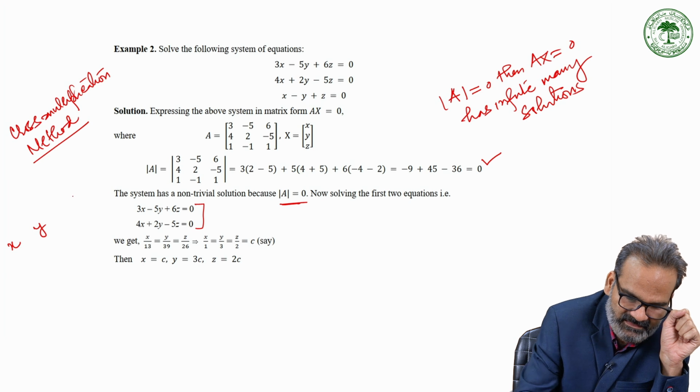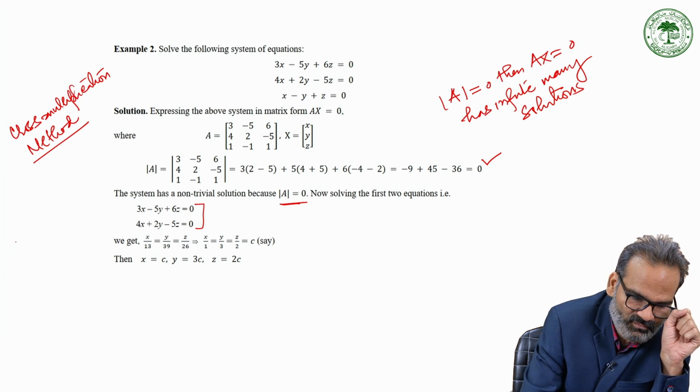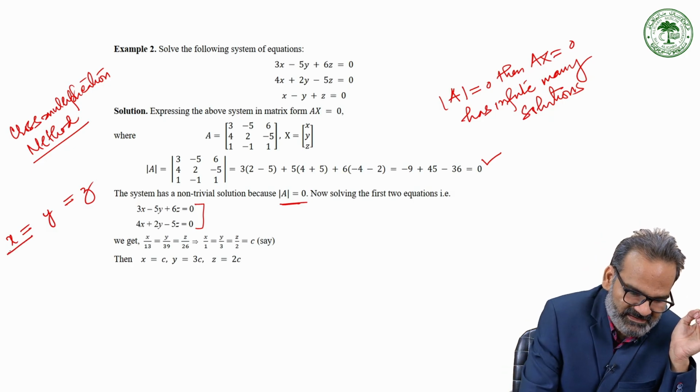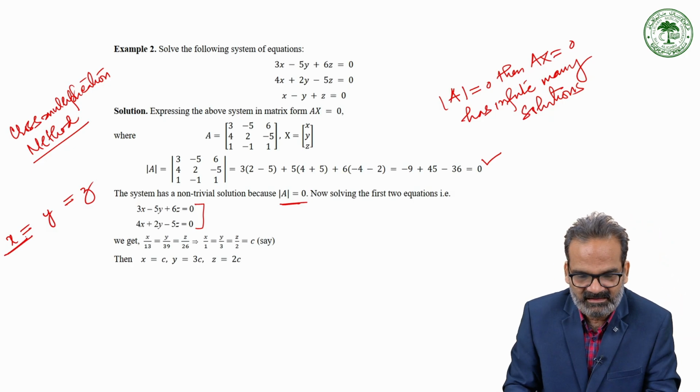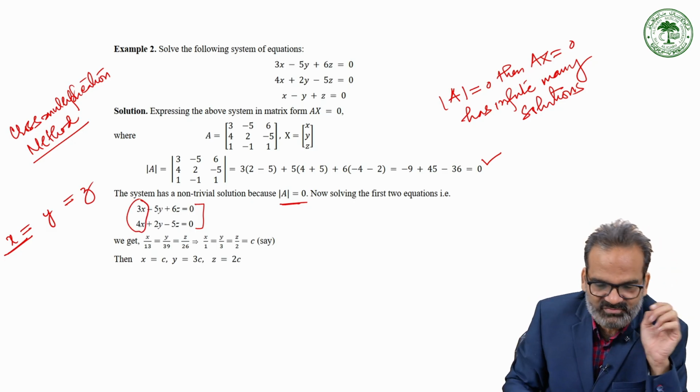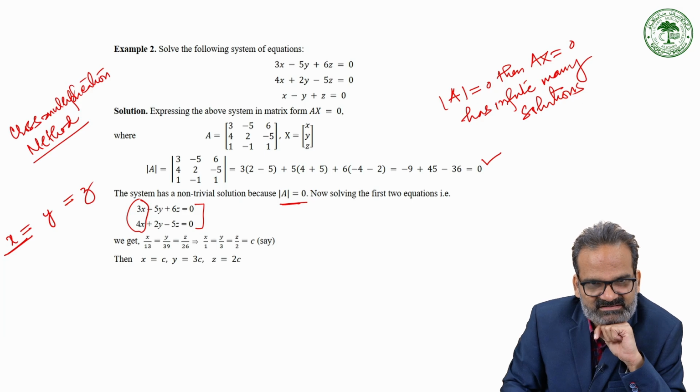See, we write it like this: x = y = z, right? Now, what should be there in the denominator of x? See this equation, for x, remove the coefficients of x. What are the coefficients of y and z?